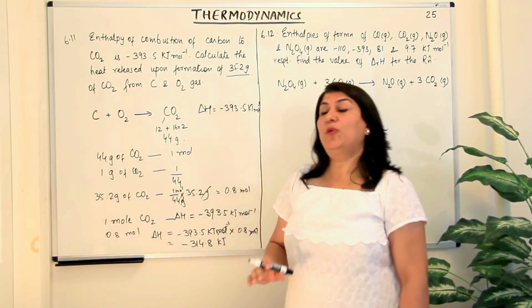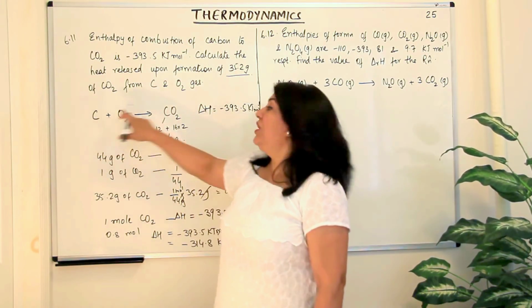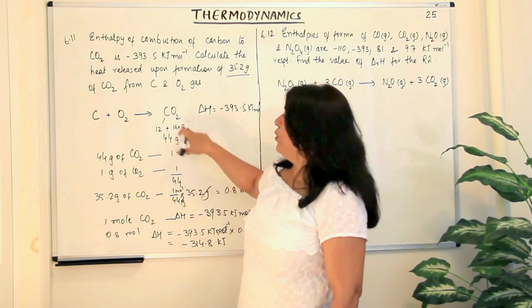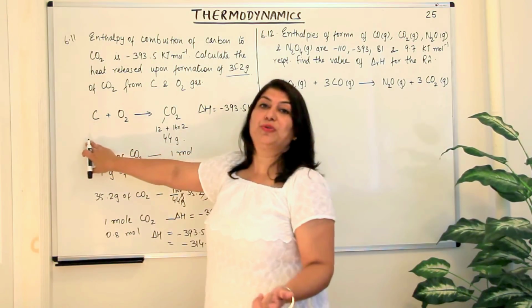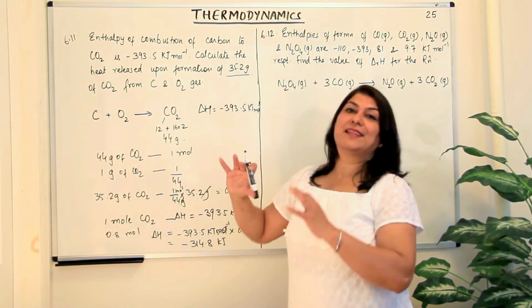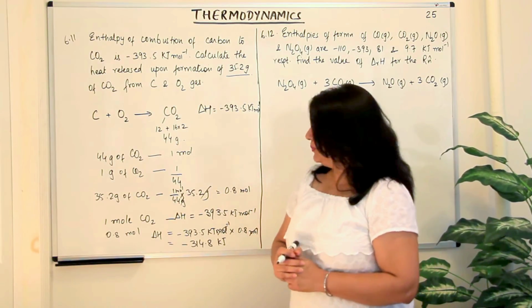Why do I say 0.8 mole of carbon? Because when we used 1 mole of carbon, we got 1 mole of carbon dioxide. So in order to get 0.8 mole of carbon dioxide, how much carbon should you use? 0.8 mole. It's just understanding the entire reaction in terms of the mole concept also.